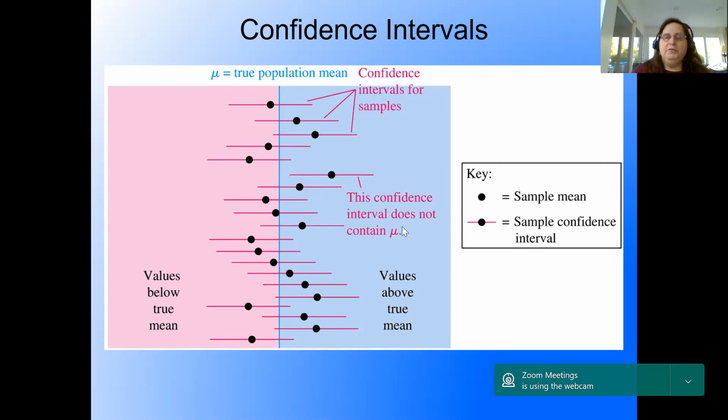This one confidence interval does not cross mu, the true population mean. All the other 19 do cross the blue line, do contain mu. So 95% of the time, our confidence interval contains the true population mean, and we get it right. What happens 5% of the time? It lies outside.